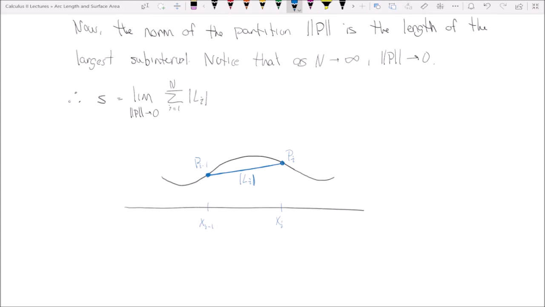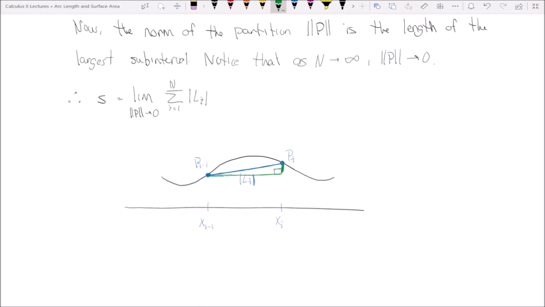Now what we do is draw a straight horizontal line from xi minus 1 to xi, and then a straight vertical line up to the point as such. And notice we wind up with a right triangle.